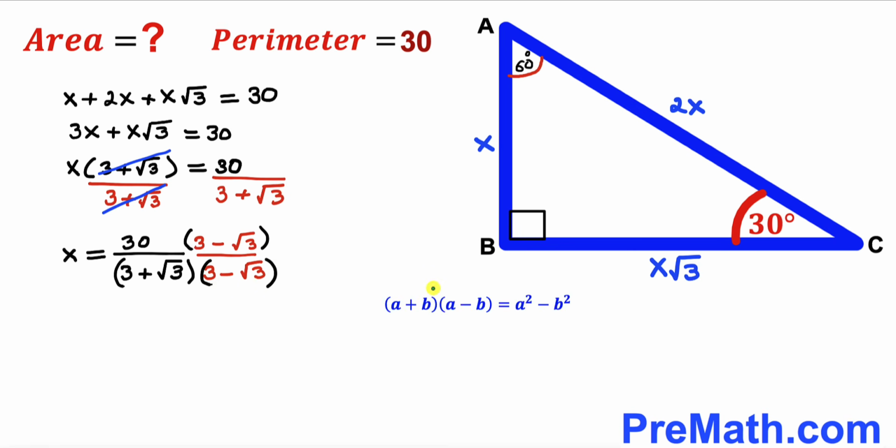Let's recall this famous identity: a plus b times a minus b is always a squared minus b squared. We are going to apply this identity at the denominator, which gives us 3 squared minus the square root of 3 squared.